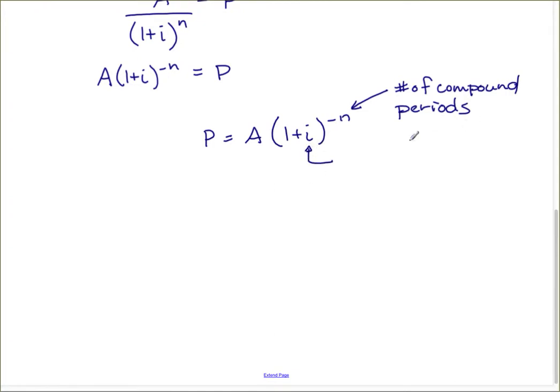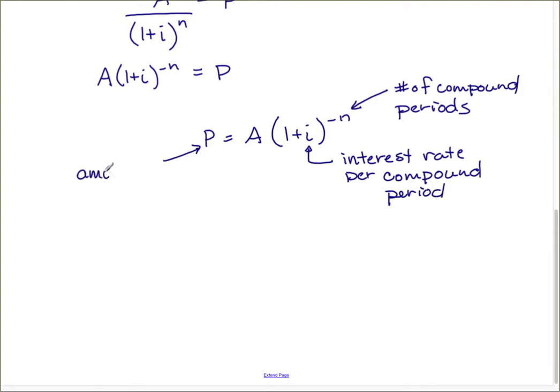This i is still the interest rate, but it's per compound period. Remember, most interest rates are given by the year, so you have to adjust it for the compound period. The P is still the amount invested, and the A, we're going to call it the future amount.